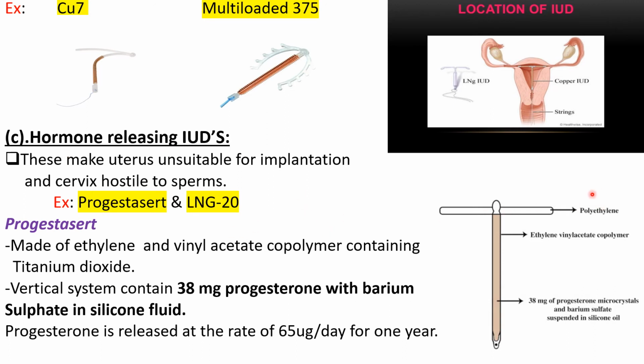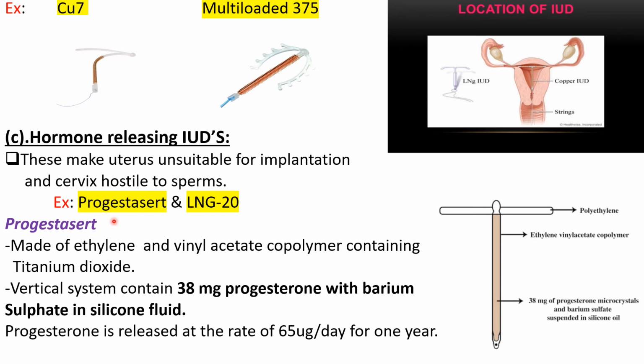If we want to avoid the fusion of gametes and formation of the zygote, or if the zygote is formed, then we need to make the uterine environment unfavorable for implantation. So we need to do either one of two things: avoid the fusion of the gametes or avoid the implantation of the formed zygote. By using hormone releasing IUDs, we can make the uterus unsuitable for implantation and the cervix region unfavorable to the sperms.